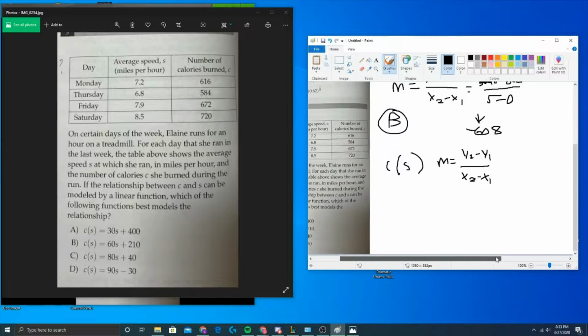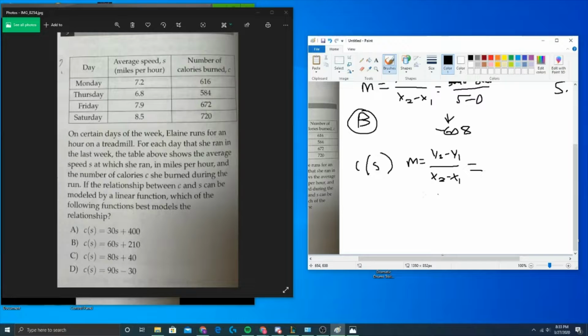So let's choose the ones that look pretty nice. I like Fridays and Saturdays the best. So let's make Saturday y2, x2 and Friday y1, x1. C is the y because C is a function of S. So S becomes the x because this is the independent variable.